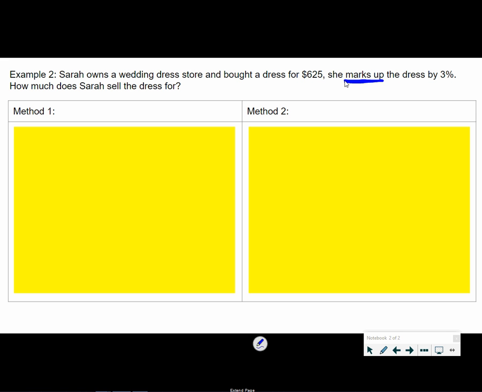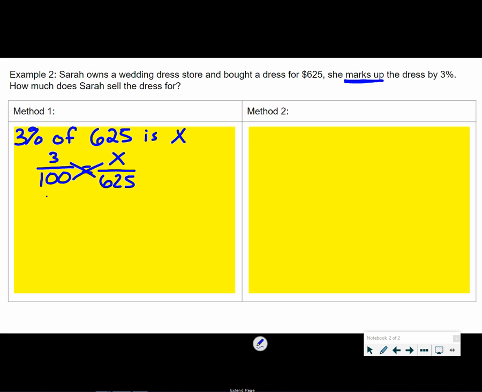In method number 1, we're going to do 3% of 625 is X. So I do 3 over 100 equals X over 625. Cross multiply, I get 100x equals 1,875. Divide by 100.